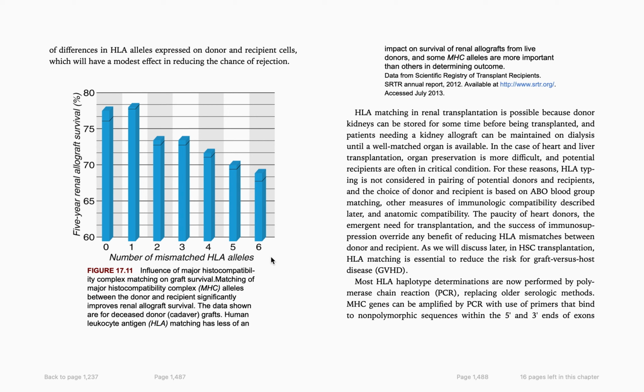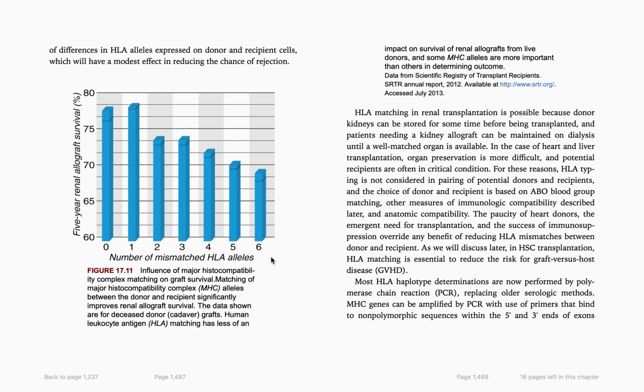As we will discuss later, in HSC, hematopoietic stem cell transplantation, HLA matching is essential to reduce risk for graft versus host disease. Most HLA haplotype determinations are now performed by polymerase chain reaction (PCR), replacing older serological methods.